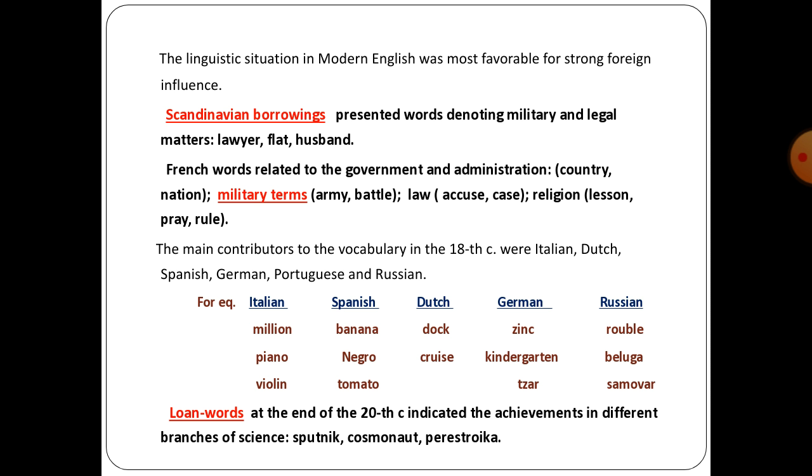pray, rule. The main contributors to the vocabulary in the 18th century were Italian, Dutch, Spanish, German, Portuguese, and Russian.